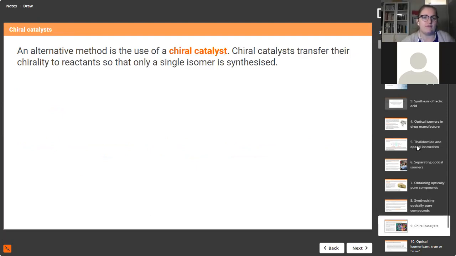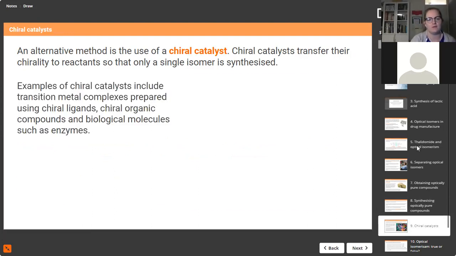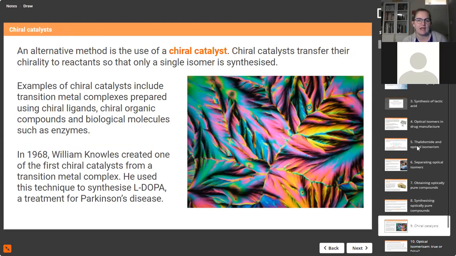And an alternative method is the use of a chiral catalyst. Chiral catalysts transfer their chirality to reactants so that only a single isomer is synthesized. Examples of chiral catalysts include transition metal complexes prepared using chiral ligands, chiral organic compounds, and biological molecules such as enzymes.